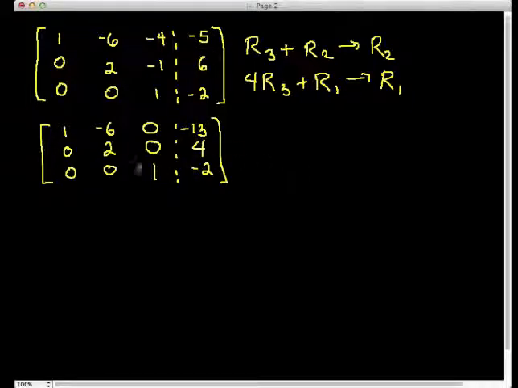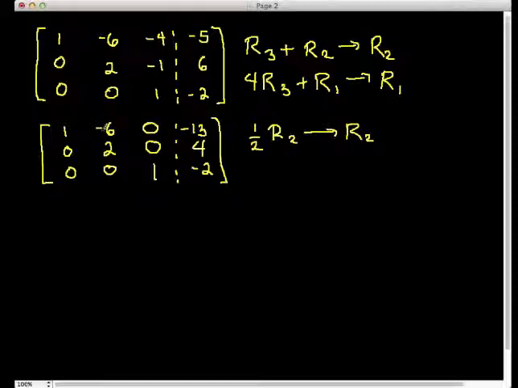Okay. Well, now I see I could get a 1 in the second row if I just take this second row here and multiply it by half. So the next step, I'm going to take 1/2 times row 2 and make a new row 2. Okay, that's easy.